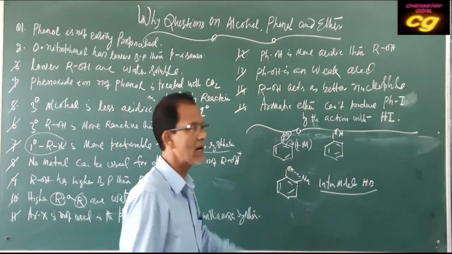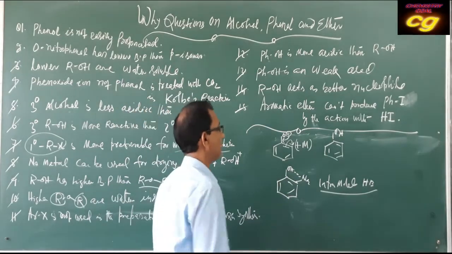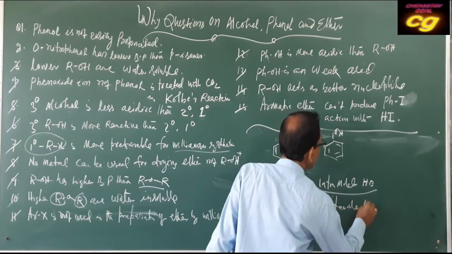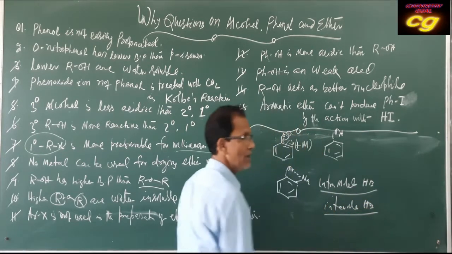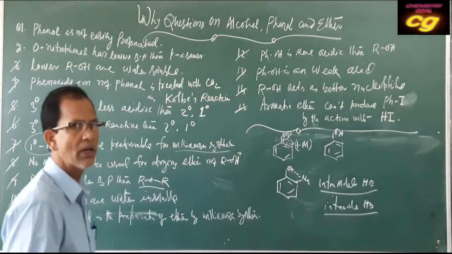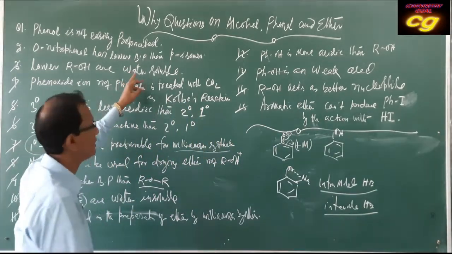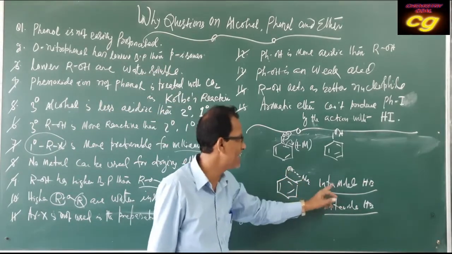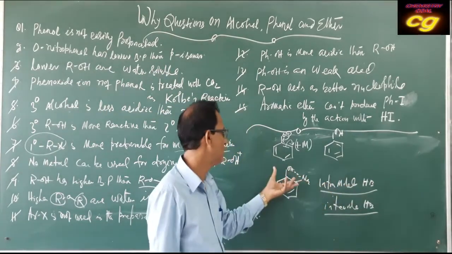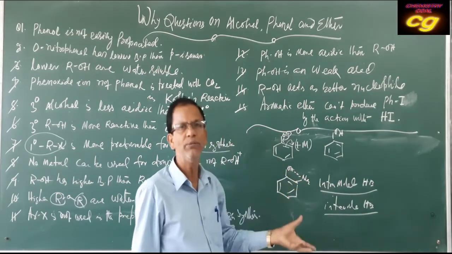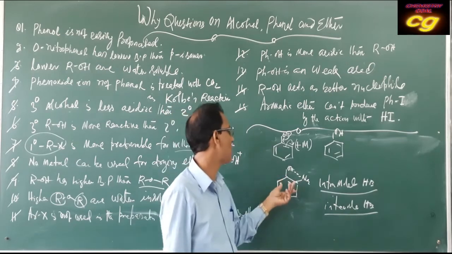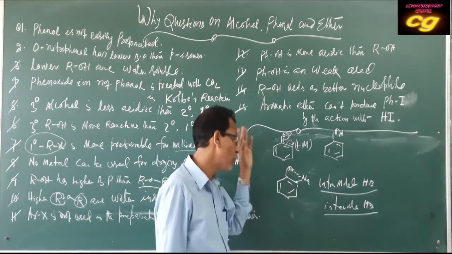But in para-nitrophenol, intermolecular hydrogen bonding takes place. Due to stronger intermolecular hydrogen bonding of para-nitrophenol, the boiling point is higher. But in ortho-nitrophenol, due to intramolecular hydrogen bonding, the bonding between the molecules becomes weak. That's why ortho-nitrophenol is more volatile.